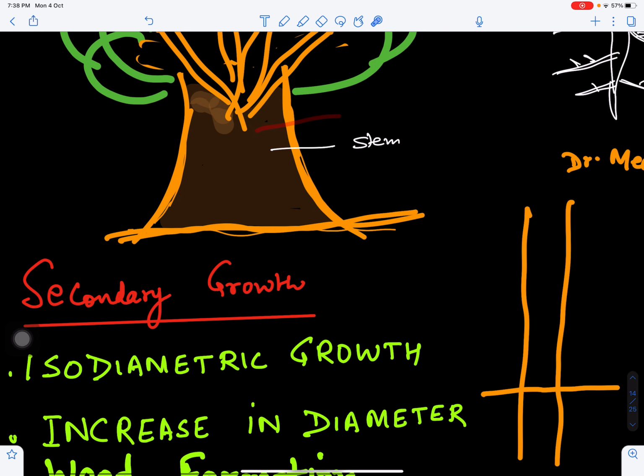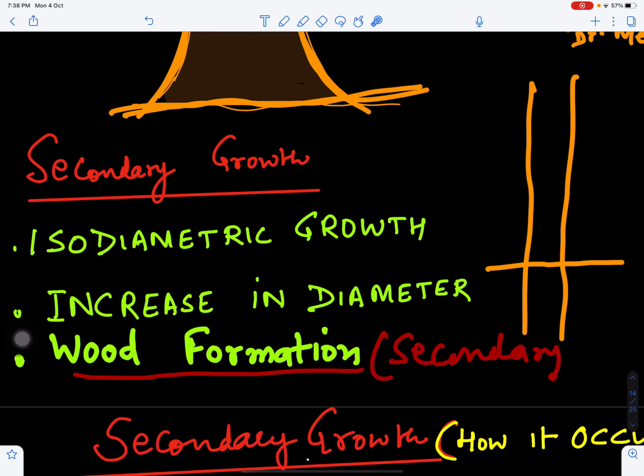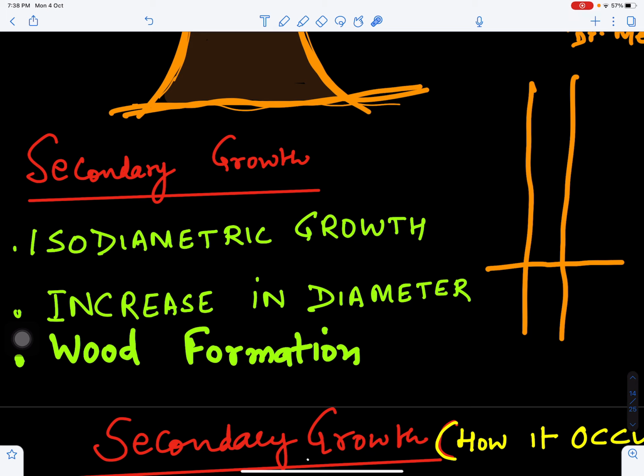So this is called secondary growth. Secondary growth will lead to increase in the diameter. This is called isodiametric growth. And ultimately, this will also help in wood formation. What is wood formation? Basically, this is formation of secondary xylem. The first formed xylem is called primary xylem. Later formed xylem is called secondary xylem.